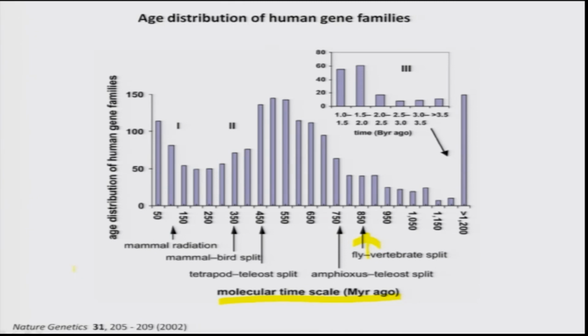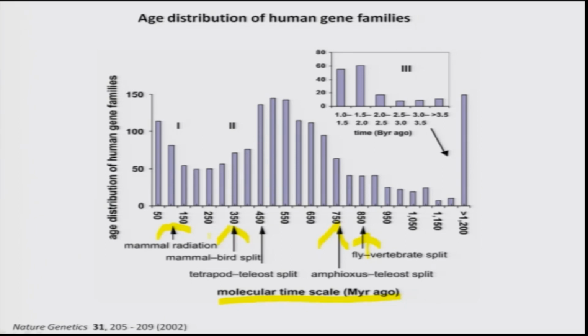This is where the fly and vertebrate split and diversified, and then this is where the vertebrates started coming to the land, and this is where the birds and mammals evolved, and mammalian radiation took place, meaning they really flourished. A large number of species evolved and they sort of conquered the earth, that is what happened.